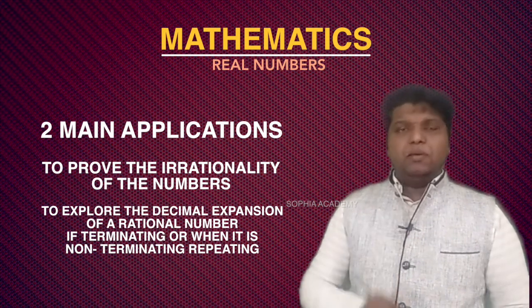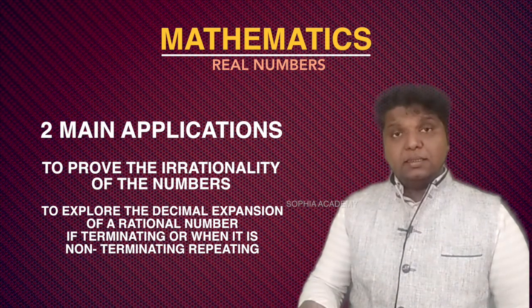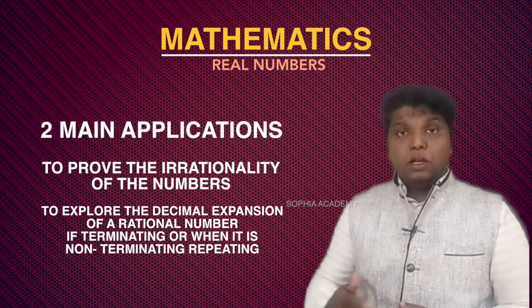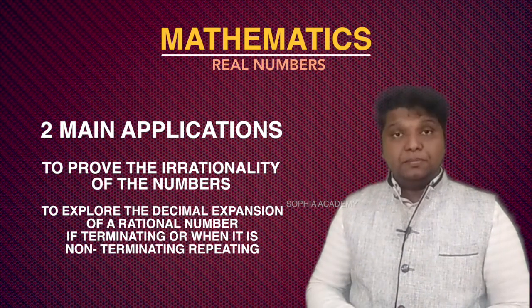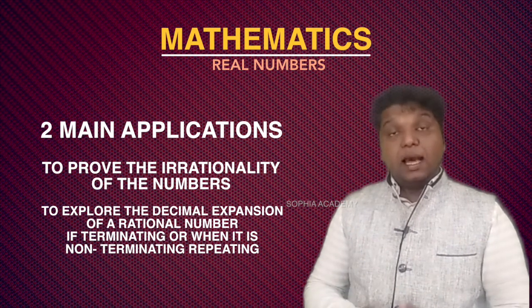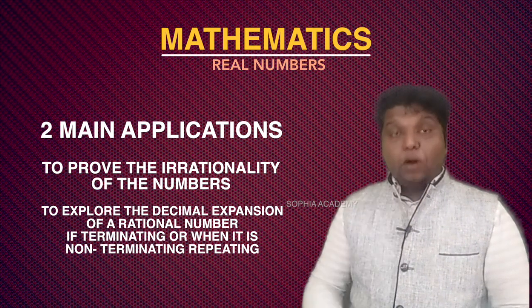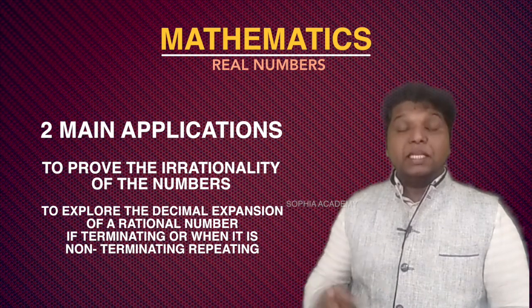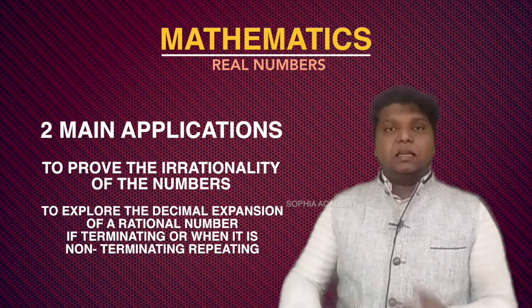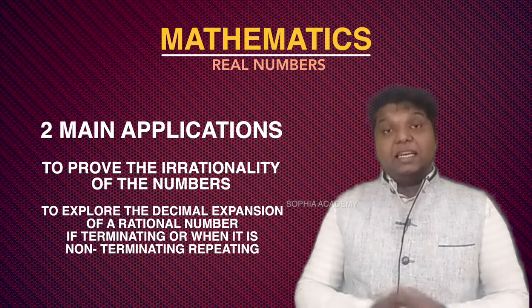Case number 1, it can be non-terminating and non-recurring. Non-terminating means not going to stop. Non-recurring means not repeating. It's not going to stop, not going to repeat. Another case, it's non-terminating but recurring. It's not going to terminate, not going to stop, but it keeps on repeating the numbers. So that's what we studied in our 9th class.